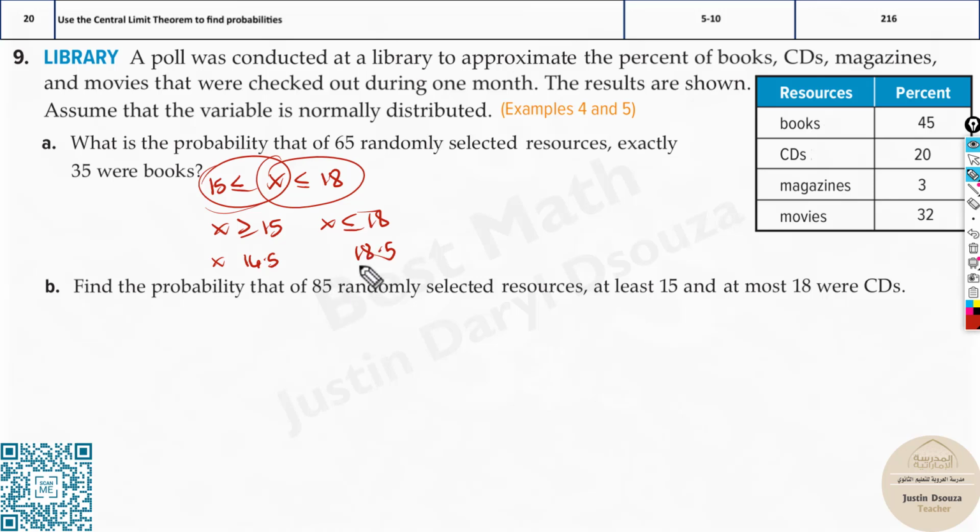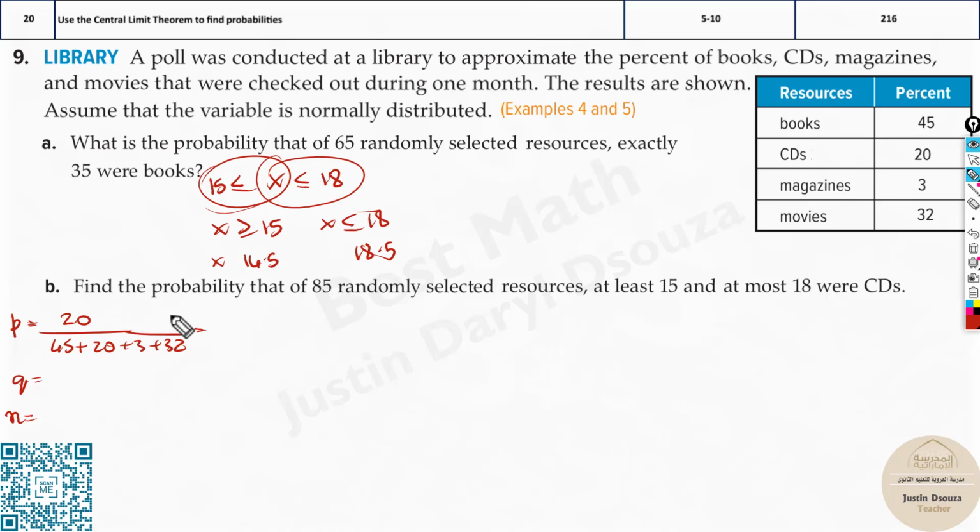But now again, p, the mean and the standard deviation change. Why? Because the probability p is not for the books anymore, it's for the CDs. So let's find the p-value. How many CDs are there? There are 20 CDs divided by the total, that is 45 plus 20 plus 3 plus 32. Then we find the q value.